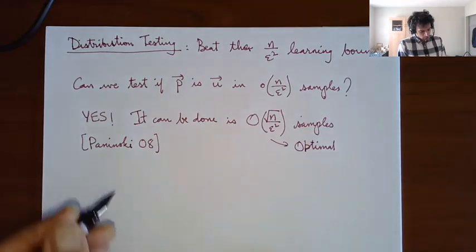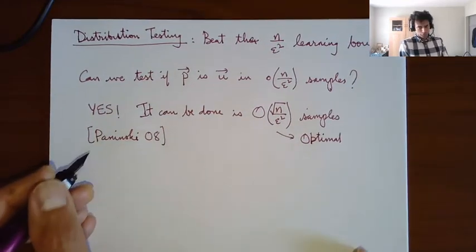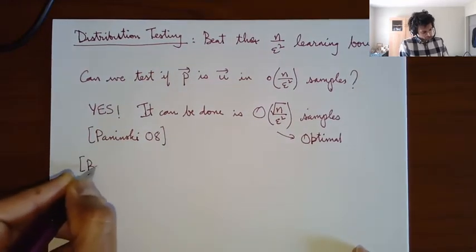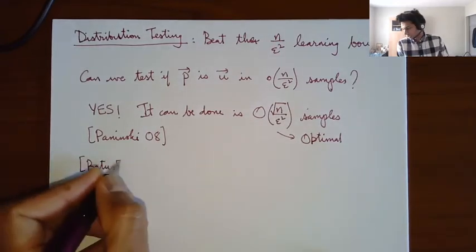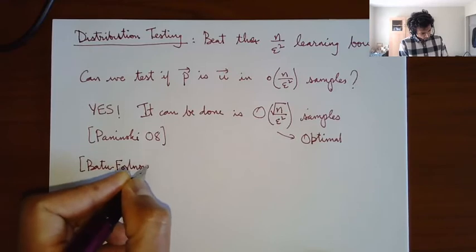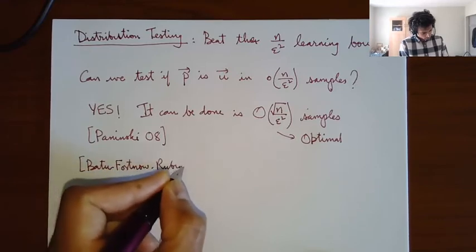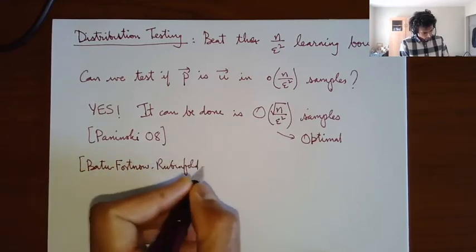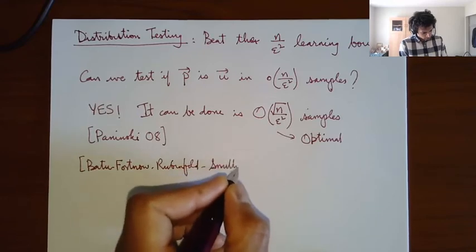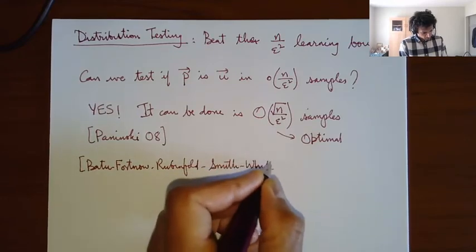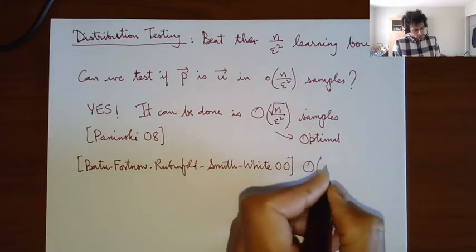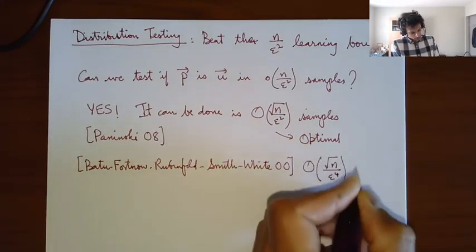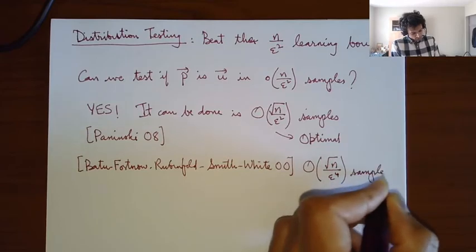But the first group of researchers to pose this question and answer it was actually Batu, Fortnow, Rubinfeld, Smith, and White in 2000, who showed that you can do this in root n over epsilon to the fourth samples.